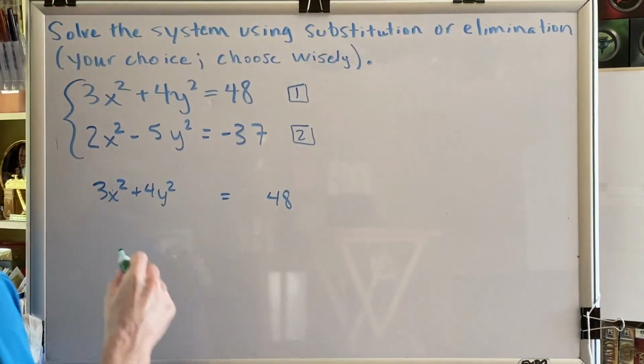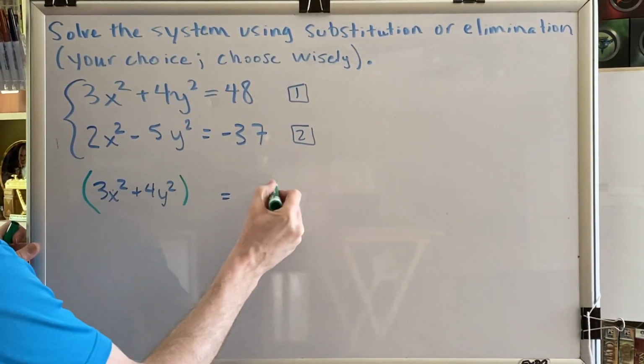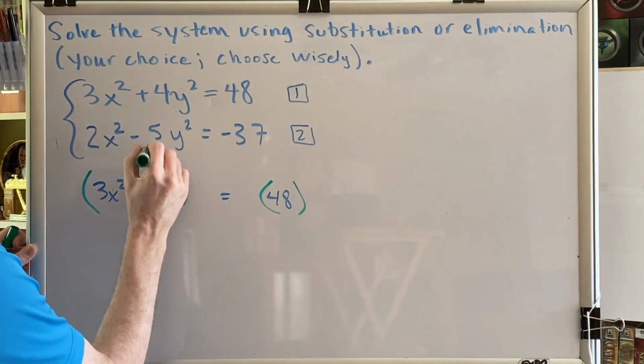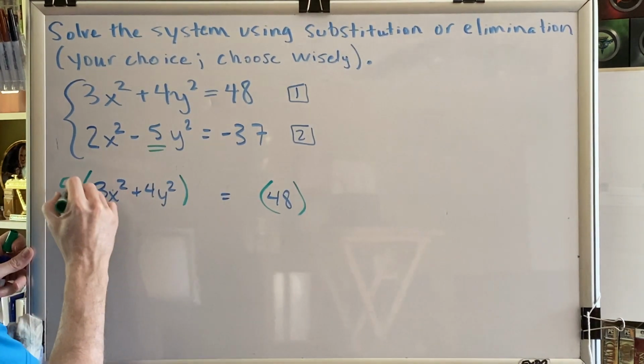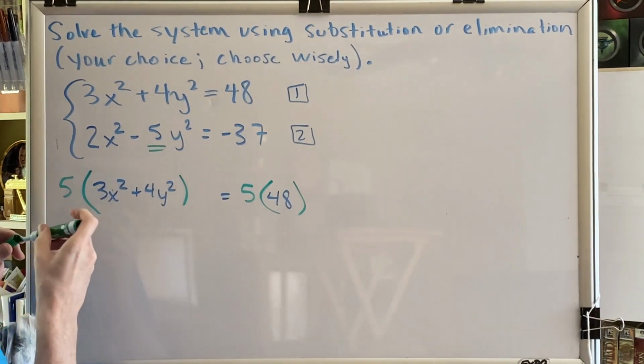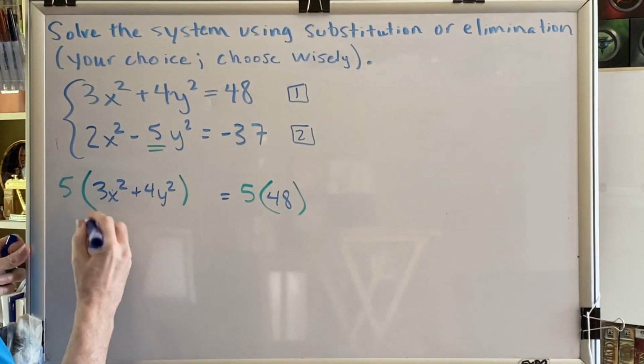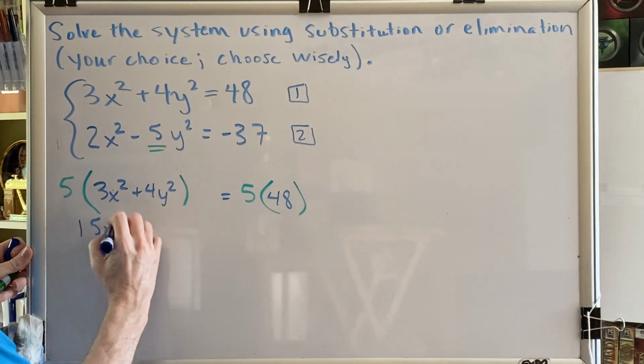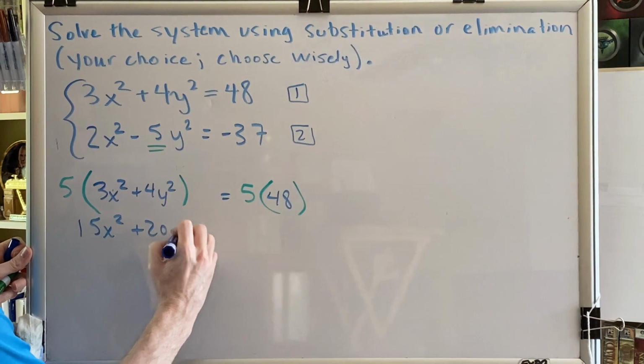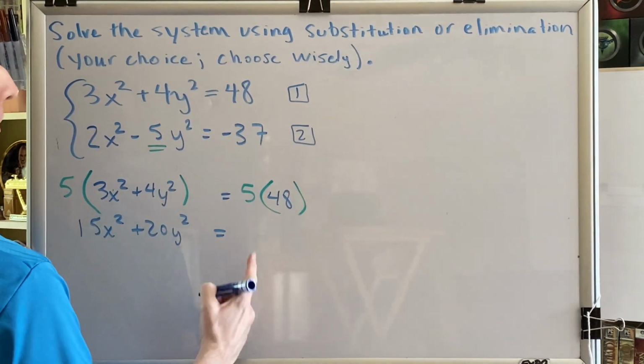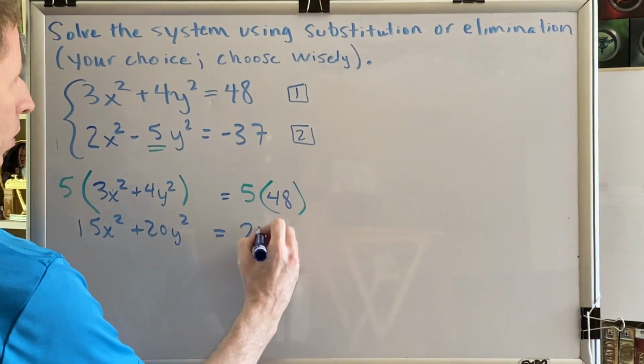Equation 1 will be multiplied on both sides by the 5 from equation 2. As a result, we will get 15x squared plus 20y squared equals 5 times 48, which is 240.